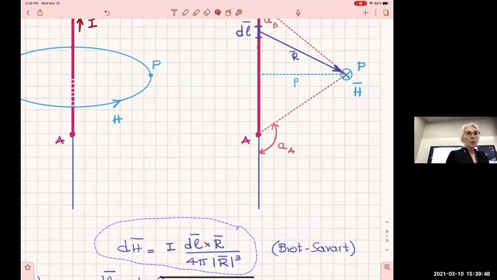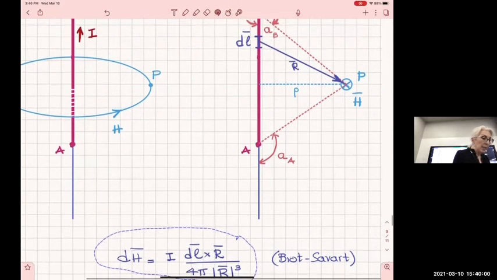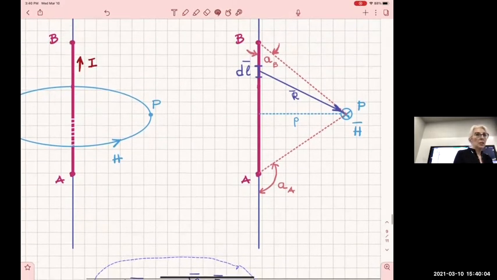I call it dH because it comes from an infinitesimally small current. So it's I dl, the small length of the current, and then it has a direction. Why does it have a direction? Because the current has a direction.